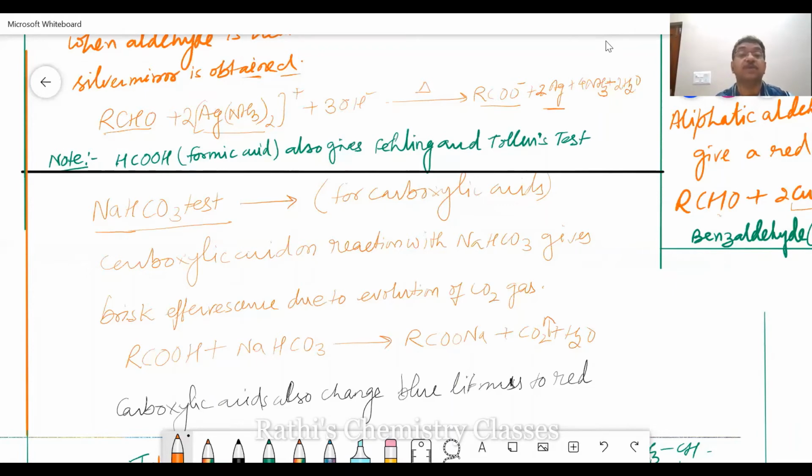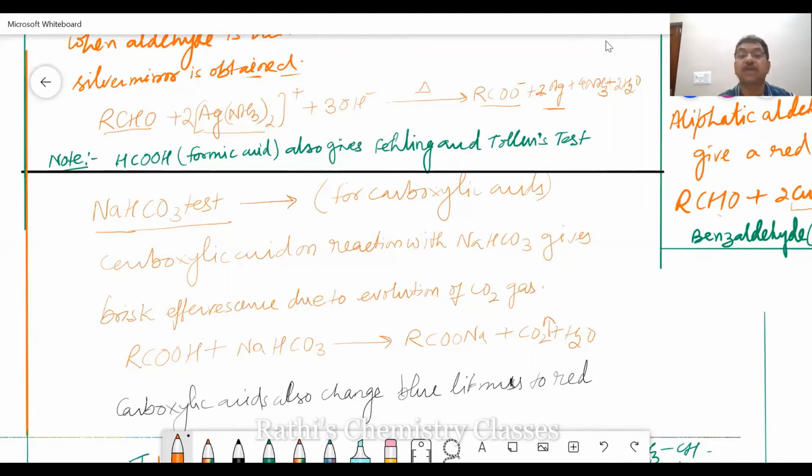Whenever we have to distinguish a carboxylic acid from any other compound, then we use the sodium hydrogen carbonate test, because carboxylic acid can change blue litmus to red. Similarly, phenol can also change blue litmus to red. If we go for the esterification test, then carboxylic acid and phenol both will give the test of esterification.